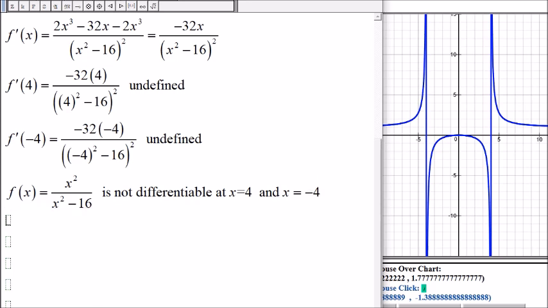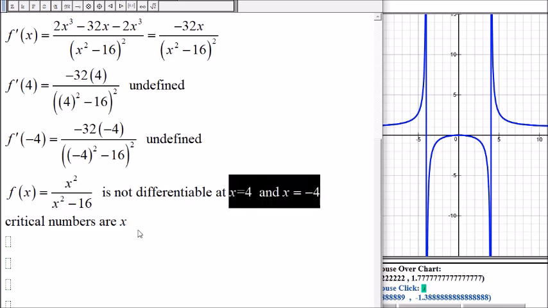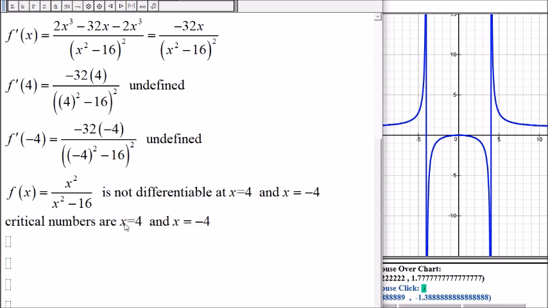And so we have critical numbers. And that's what we're seeing right here, the negative 4 and then 4.